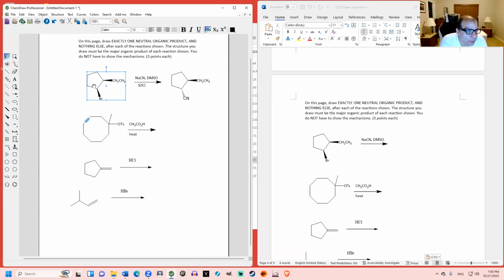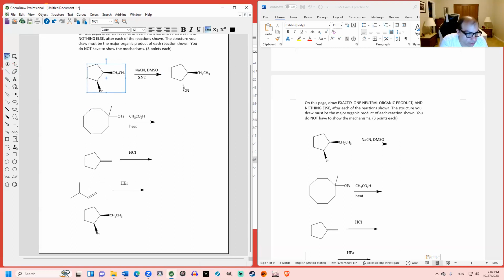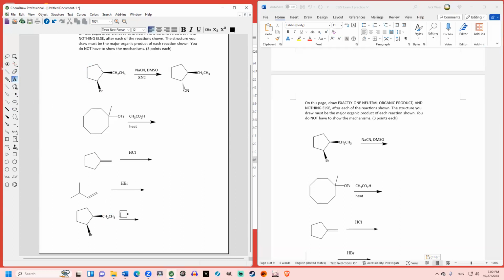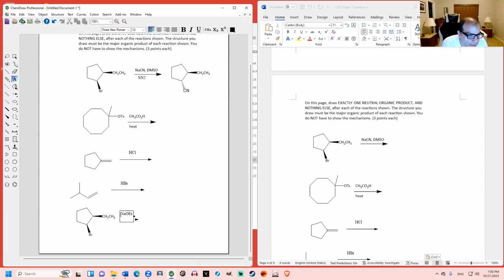First of all, what would you be given? A strong base. Yes, you might be given something like sodium methoxide. And the solvent doesn't really matter once you have a strong base. You could use ethanol, or you could use DMSO if you just want to put your thumb on the scale and make sure that you get a bimolecular reaction.